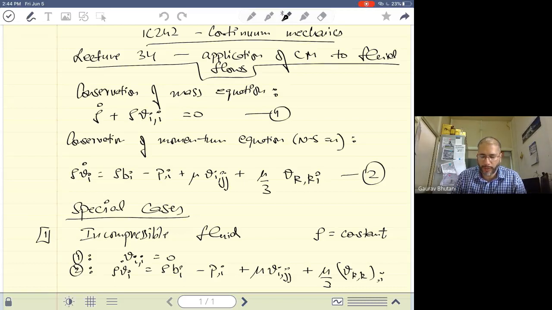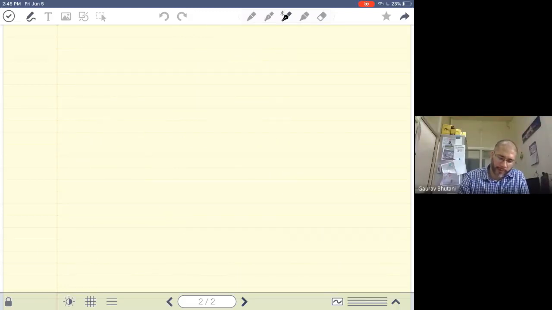So that means this term is zero, because v_k comma k is zero. Right. So for this case of an incompressible fluid, these are the simplified forms of the mass and momentum conservation equations. Right. So the second special case that I'll introduce to you is for frictionless or inviscid fluids.